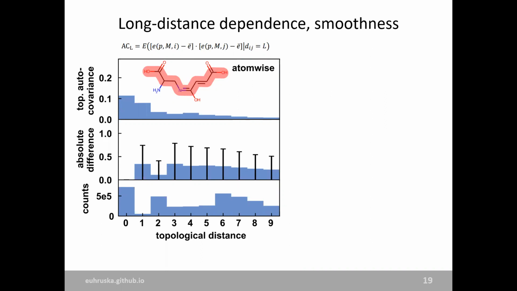And if we have 2 methyl groups neighboring, then these methyl groups are symmetric and, due to the symmetry, they have the same explanation value. This gives, if you take the histogram, a smaller absolute difference between atoms at distance 2 than at distance 1, because at distance 2 you have 2 methyl groups neighboring.